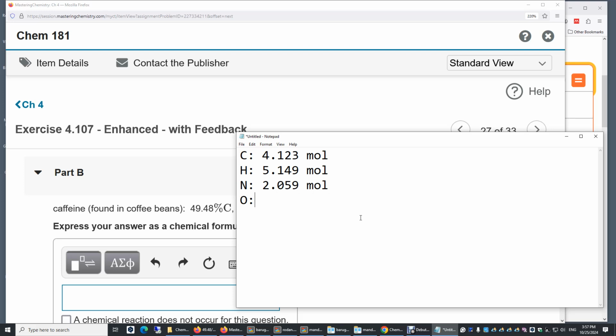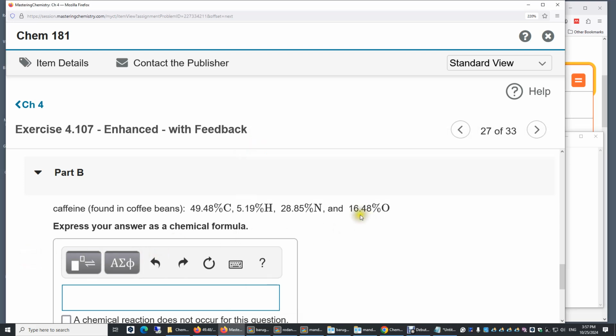Finally, oxygen, 16.48 grams. Oxygen has a molar mass of 16, so we can do this calculation in our head. It's 16.48 divided by 16, and you will get 1.03, right?